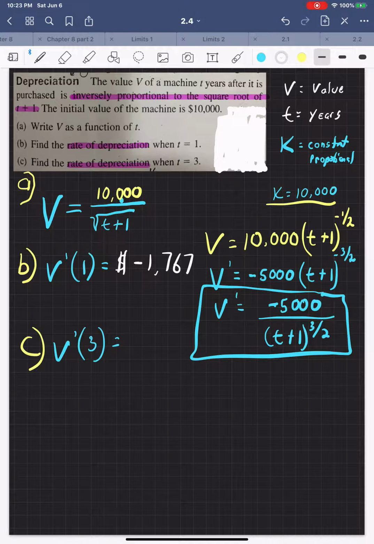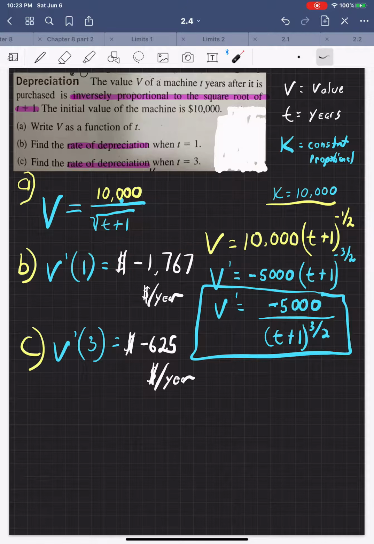And for V prime of 3, I'm getting negative $625. All right, and those are in dollars per year.